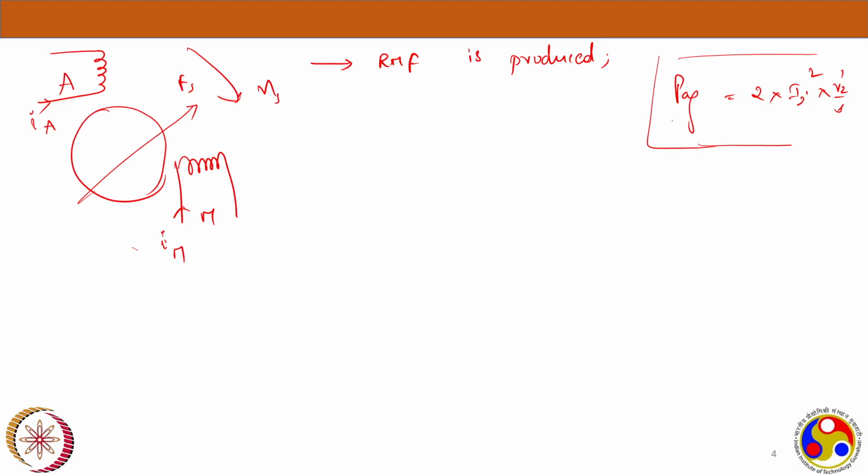So we can use the Scott connection, which is a very famous connection in the transformer industry, and we can convert this particular three-phase supply into a balanced two-phase supply. Now the torque-speed characteristics will also remain the same for both of these. Similar means similar curves, but the behavior and trends are always the same.